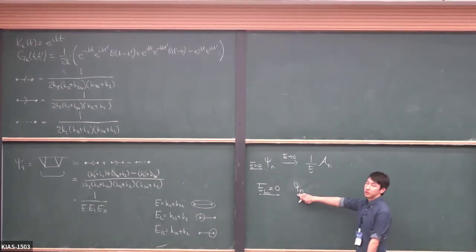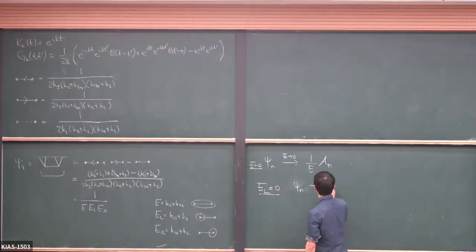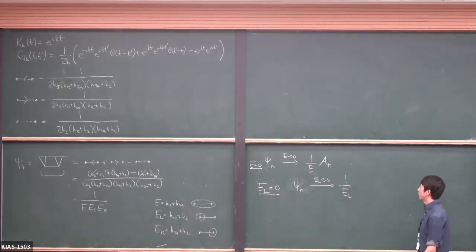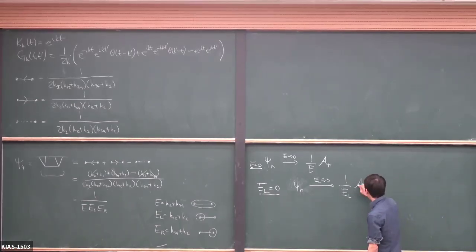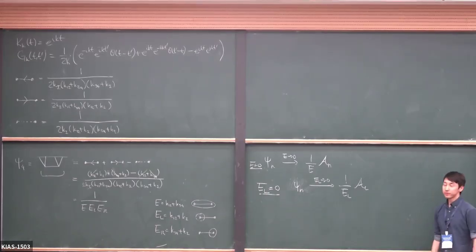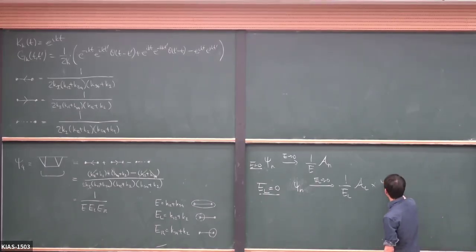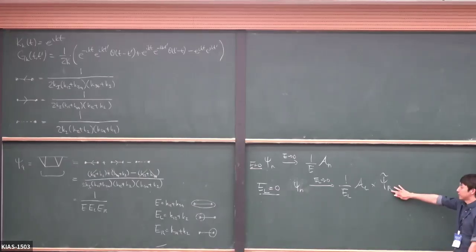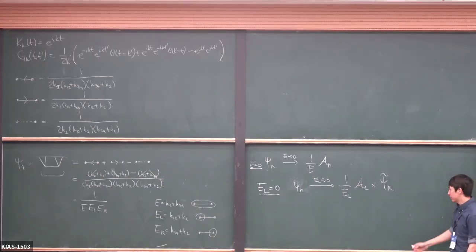If you take the wave function coefficient and take E_L to 0, you get a singularity 1 over E_L, times the amplitude associated with the left vertex, multiplied by the wave function associated with the right vertex, with some modification. It's not exactly the wave function associated with the right vertex, but some related object.